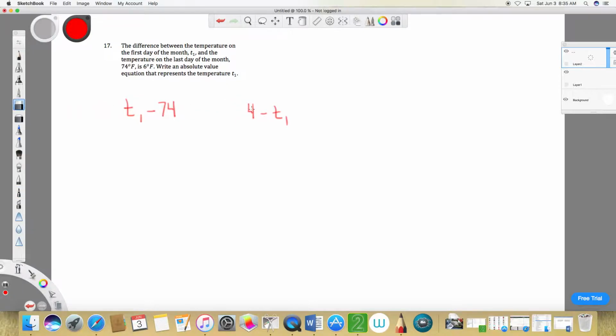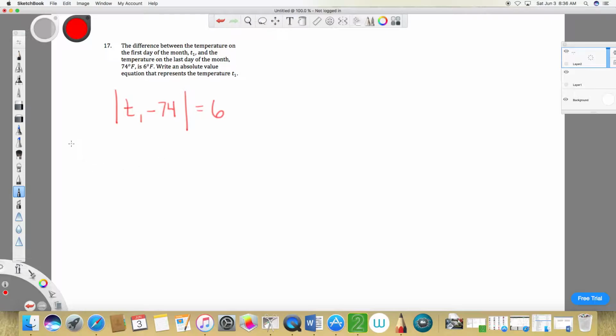So in this situation, if I take the absolute value of this, it'll take care of whether T1 is hotter than 74 degrees or colder than 74 degrees. But we know the difference between the two is 6 degrees. So here's our equation that represents our word problem.